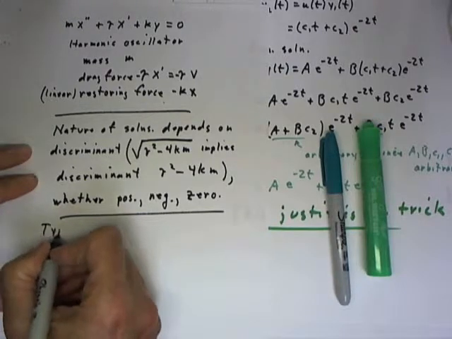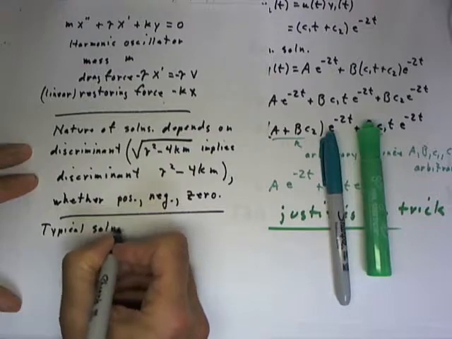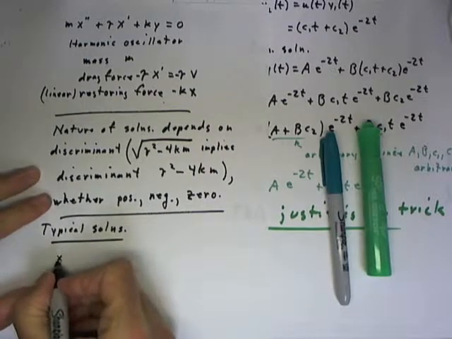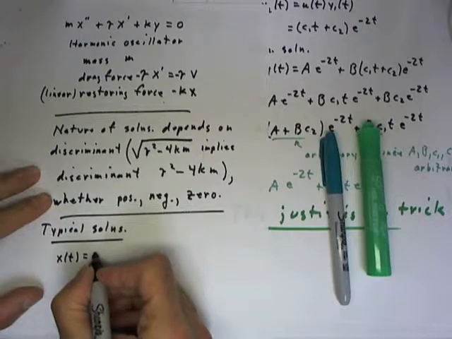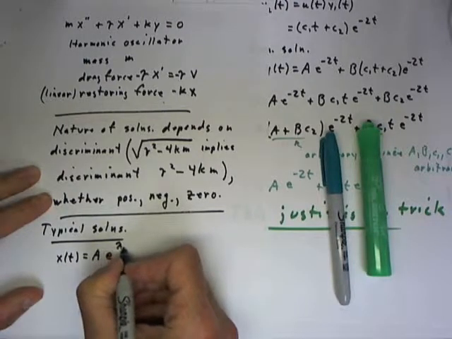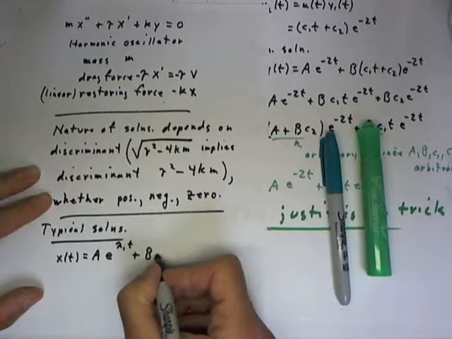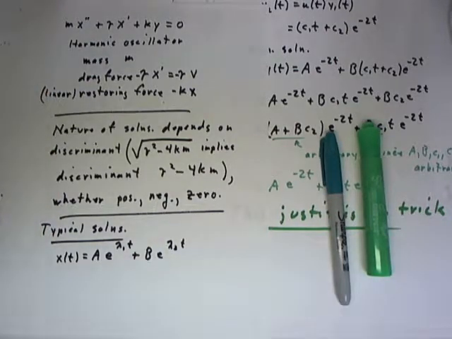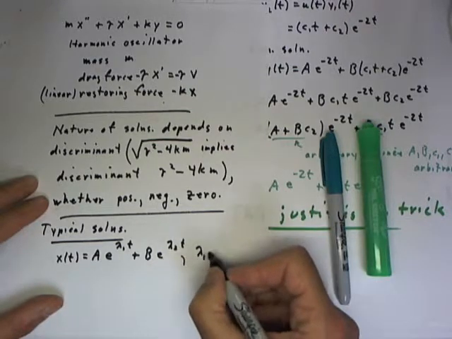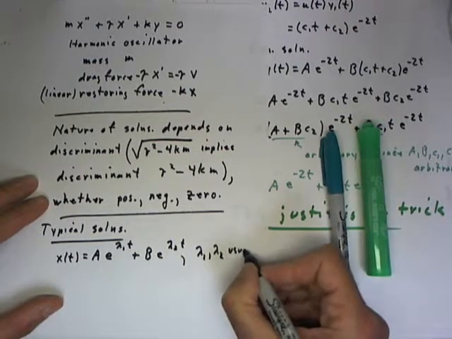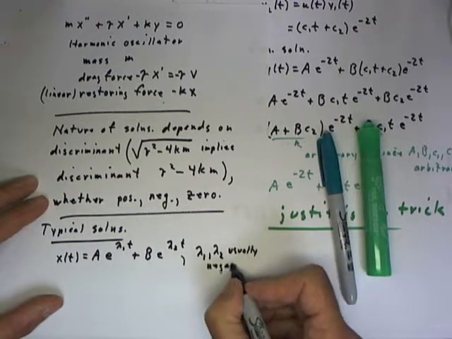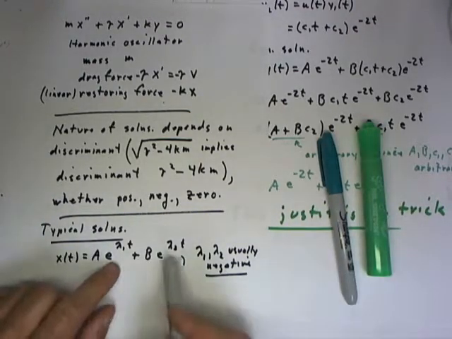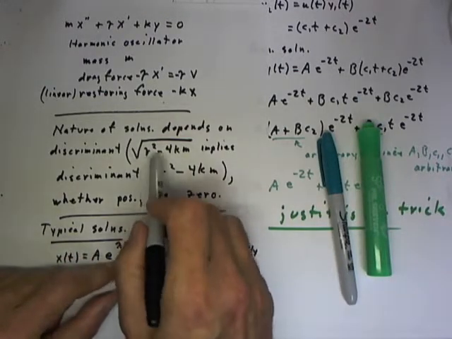Typical solutions: we might get x(t) equal to a multiple of e^(λ1 t) plus b e^(λ2 t), where λ1 and λ2 are two solutions of the characteristic equation. λ1 and λ2 will usually be negative, and of course this type of solution will typically occur if you have a positive discriminant.